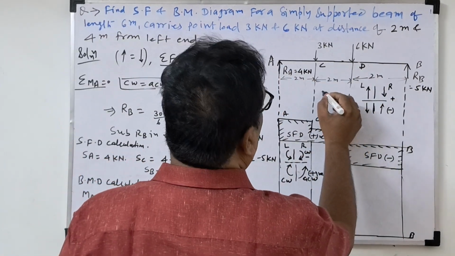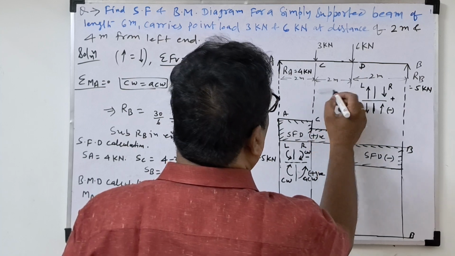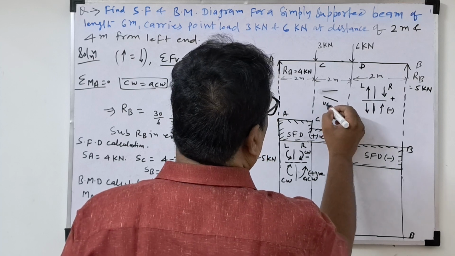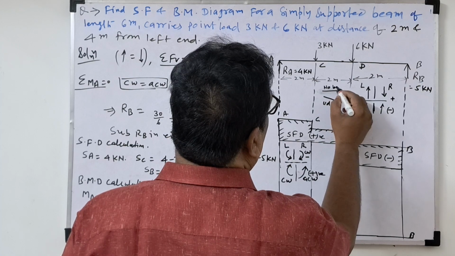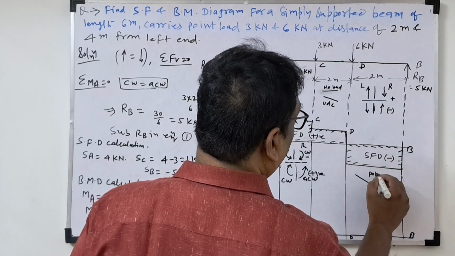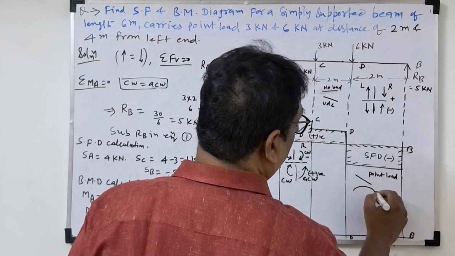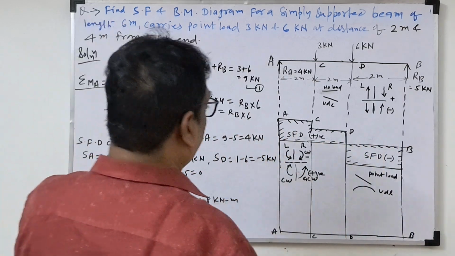As I told, for no load and point load, the shear force is a horizontal line and the bending moment is an inclined line. For UDL, shear force is an inclined line and the bending moment is a curve. But here UDL is not there, so an inclined line will be there.